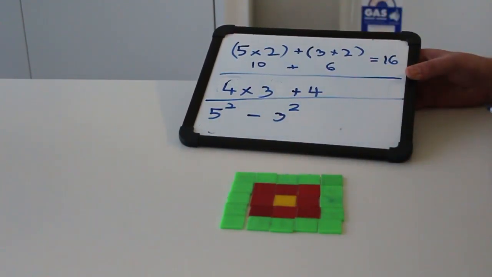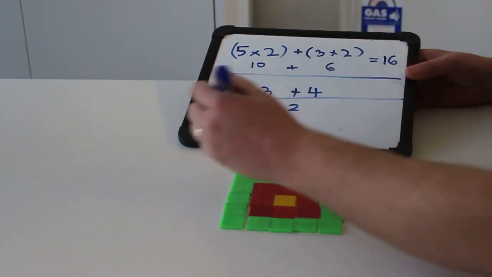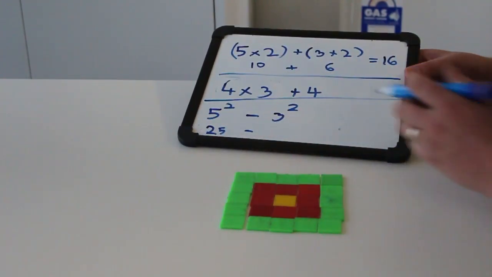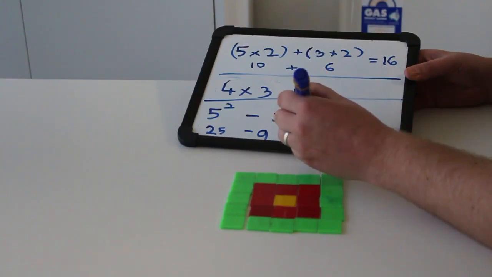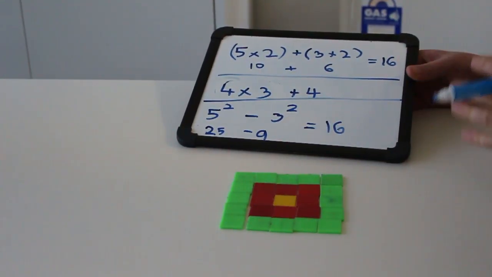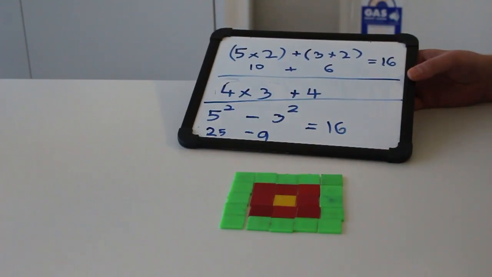Now order of operations, we're going to do our powers first. So 5 squared is 25. Then take away 3 squared, which is 9. 25 take 9 is going to be 16. Now they're just 3 options, but there's lots more different ones. So I'm sure you might have done it in a different way, and that's totally okay.